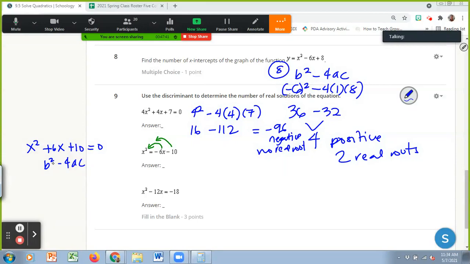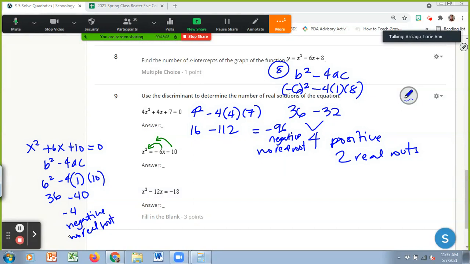So b squared is 6 squared minus 4, and then a is 1, and then c is 10. So 36, minus 40. So that's negative 4. Oh, it's negative again. So if it's negative, then no real root.